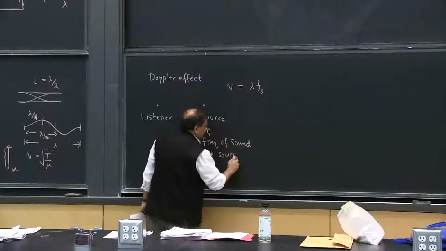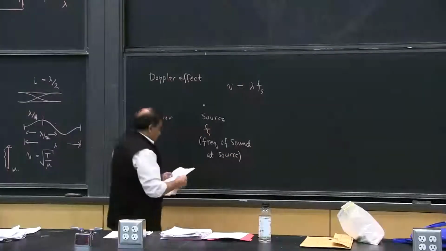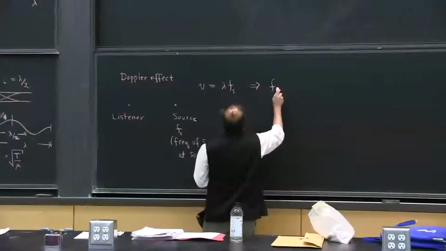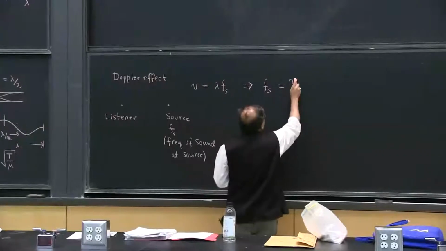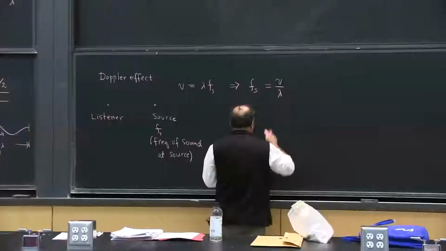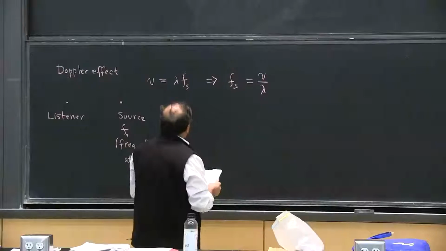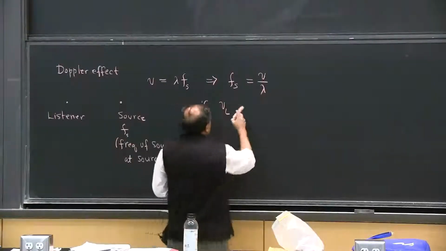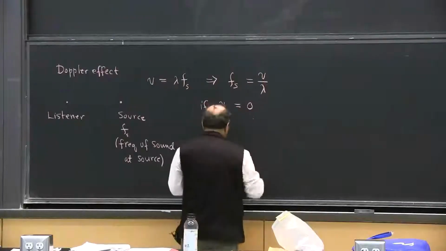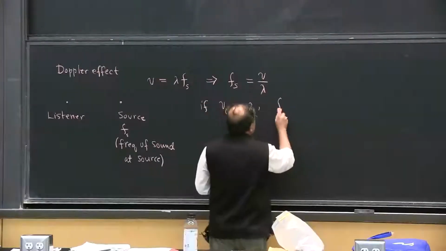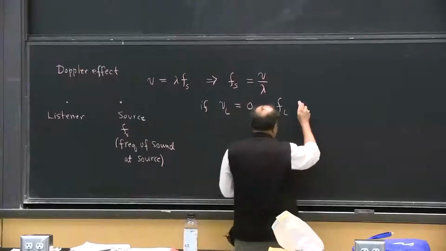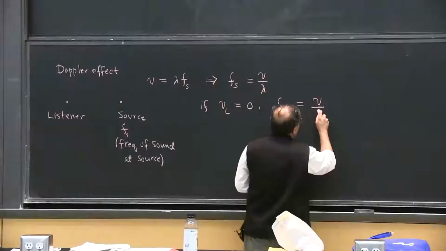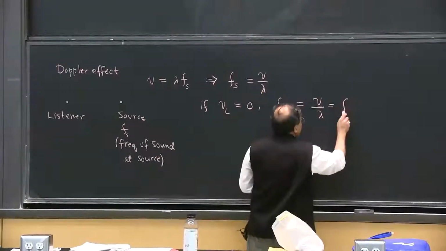Now, if as a listener you are not moving, then you will be hearing the very same thing. So I can write this as Fs equals v over lambda. And if VL is 0, so as the listener you are not moving, then the frequency FL that you will hear would also be V, the same V because you are not moving, over the same lambda, so this would be Fs.